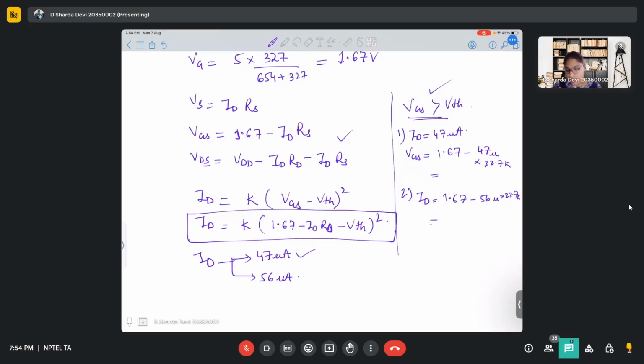So how much are we getting? Here 1.67 minus 0.47 into 22.7.